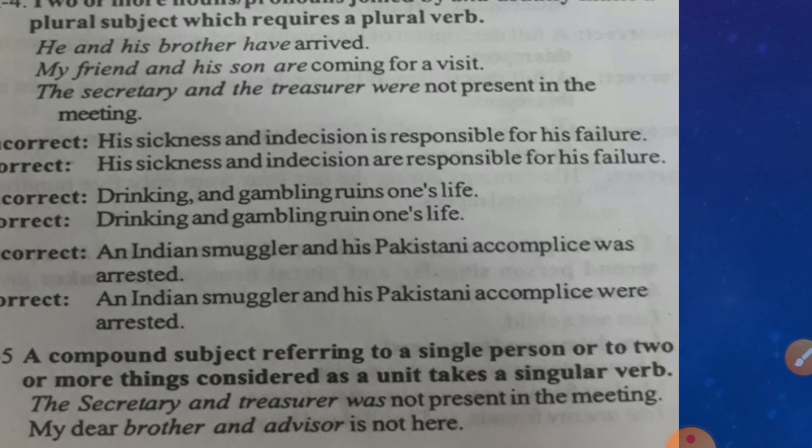But here, in this very sentence, both secretary and trader indicate one person. My brother and advisor is not here. Again, my brother and advisor indicates only one person, so it will take a singular form.